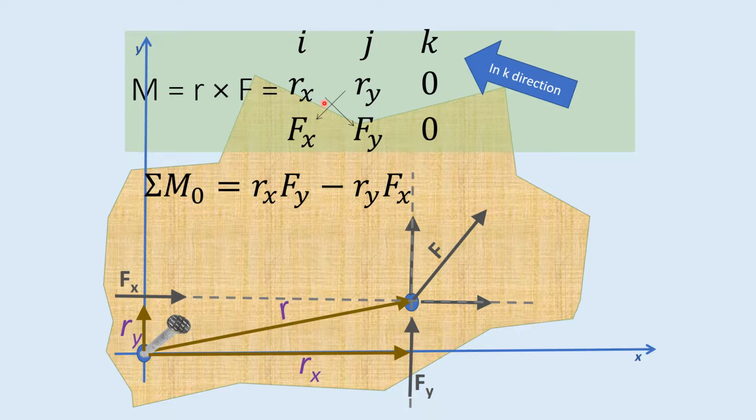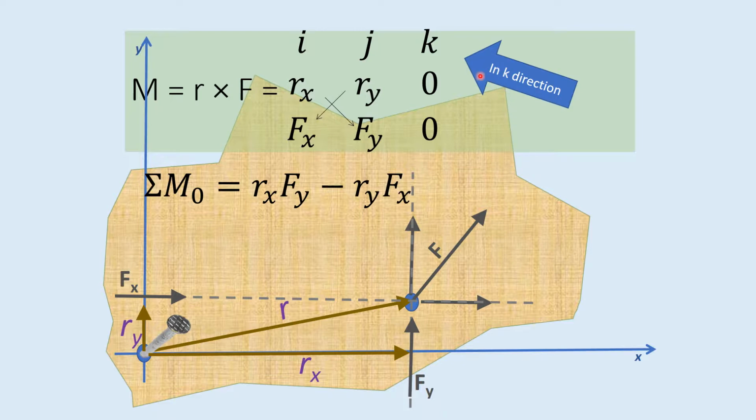If you look at the RX-FY combination, that's what created a positive counterclockwise motion. Then the RY-FX combination created a negative, clockwise rotation. So we have plus over here, negative over here, and adding these together finds us another vector.